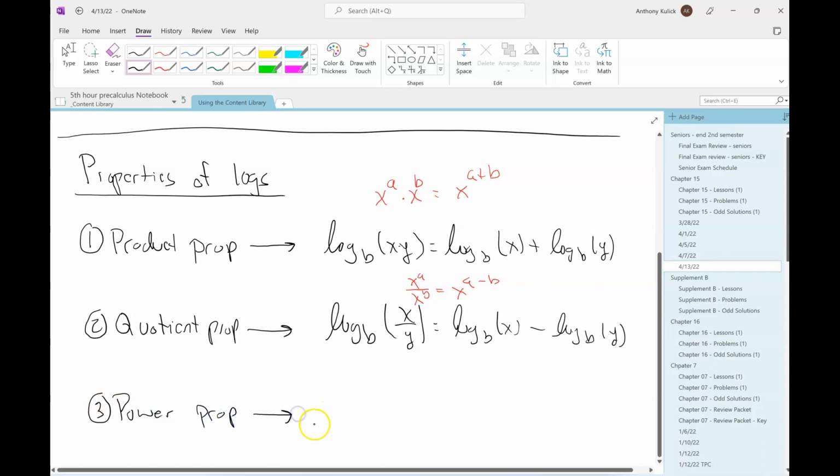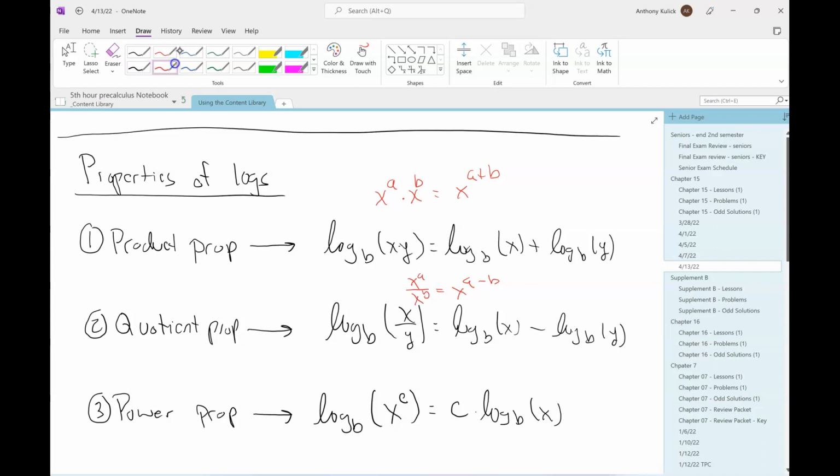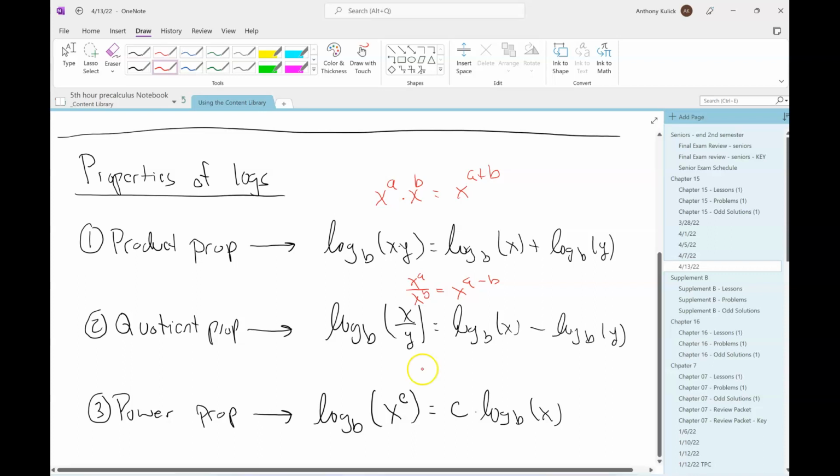Next one is the power property. So here we have that an exponent inside a logarithm turns into a coefficient outside the logarithm.